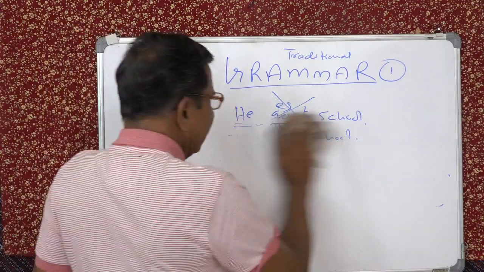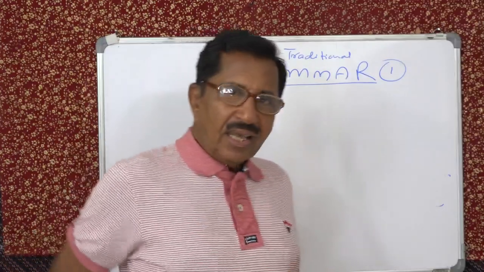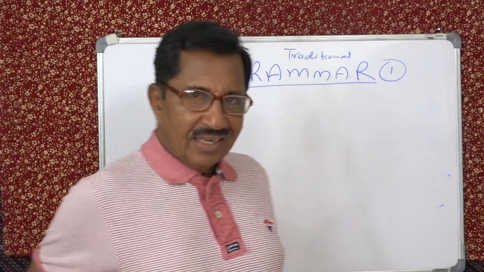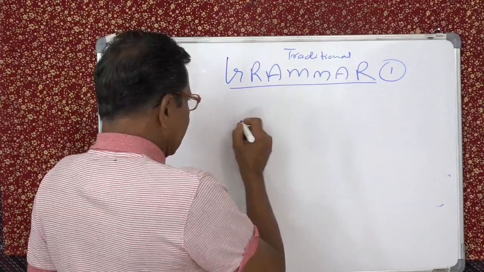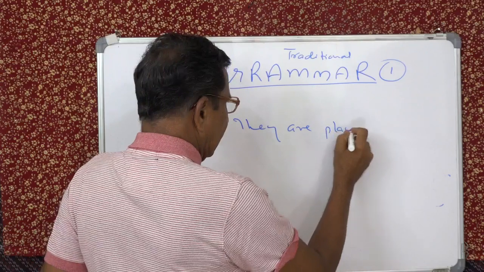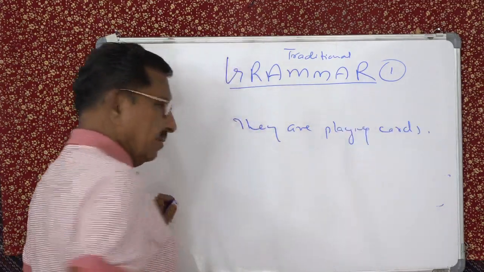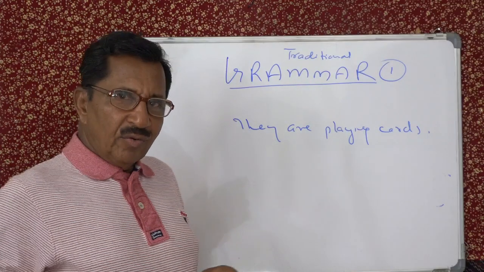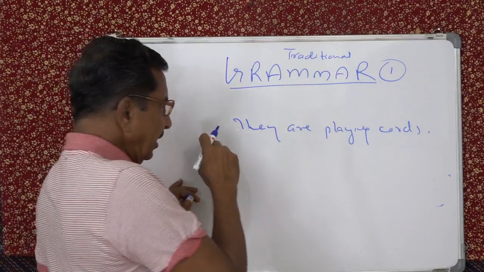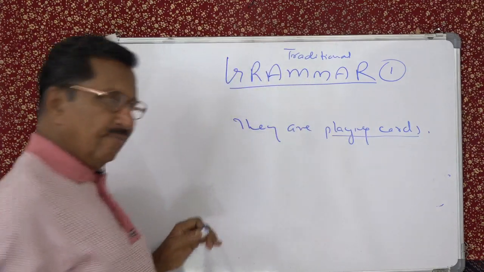Another thing I tell you, how important is this description. They are playing cards. See that? We have sentences like this. They are playing cards. Now you can have two meanings here. See the way you describe, you say they are playing cards.